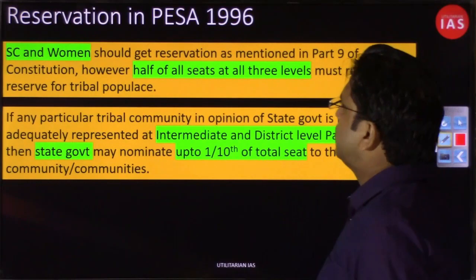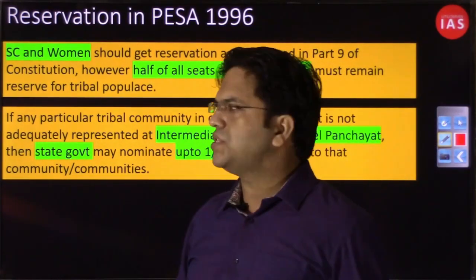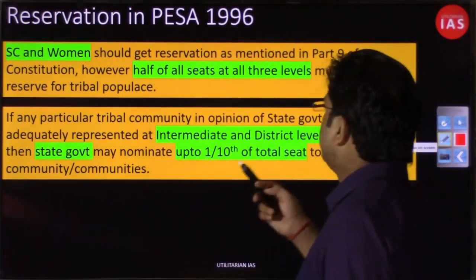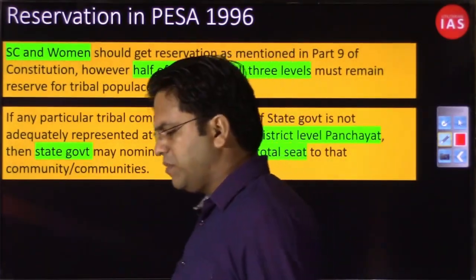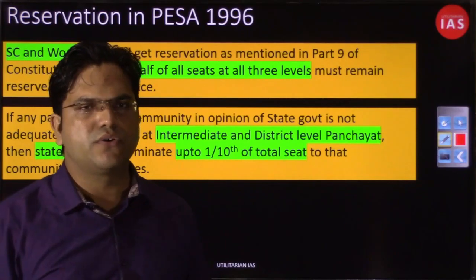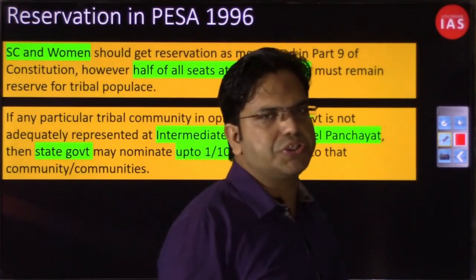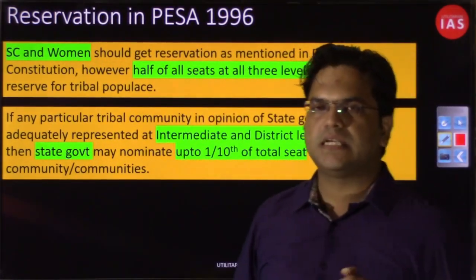There are certain other provisions regarding reservation. So let us see what they are. These two provisions deal with the reservation in the PESA Act 1996. If you remember, when we were discussing the 73rd constitutional amendment, you had reservation for SC community, ST community and women.